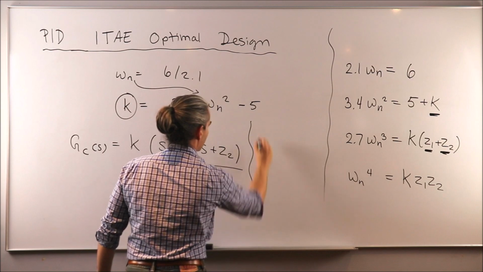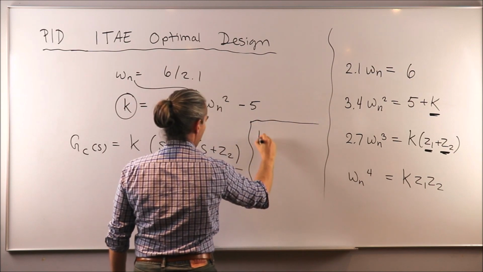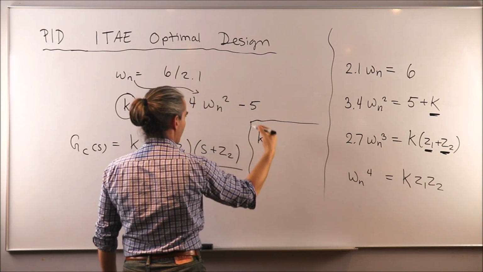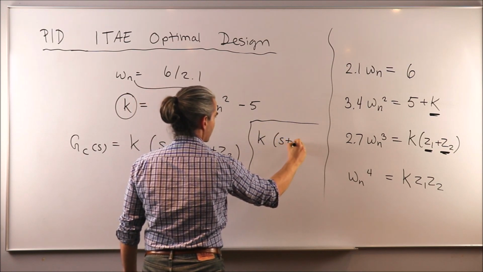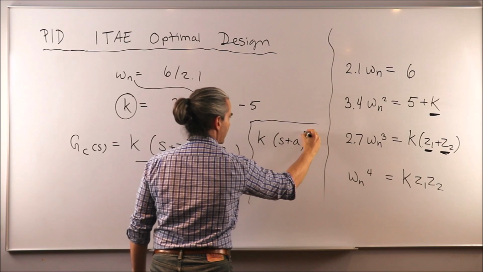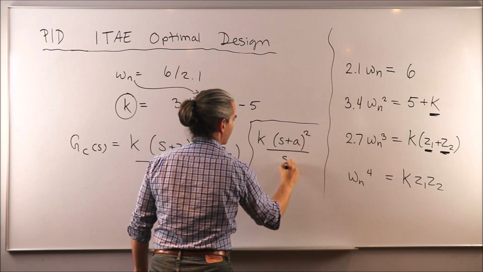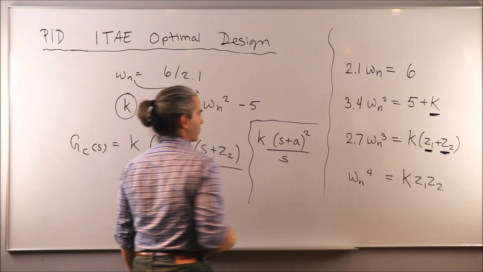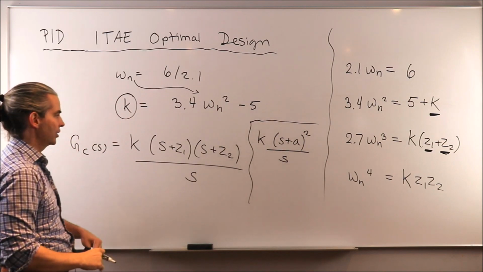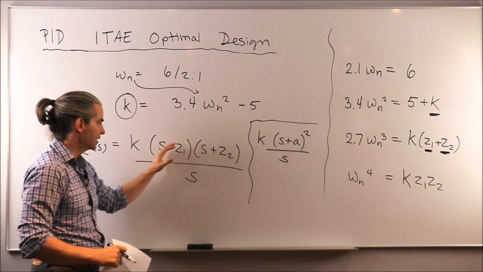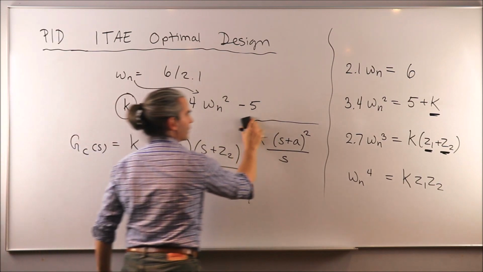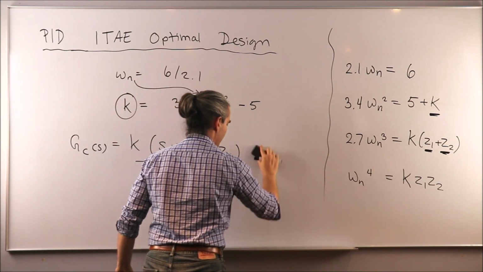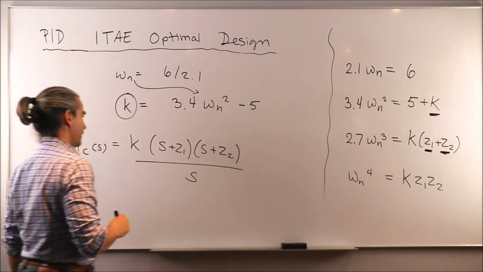If you remember, we had considered that both zeros were on top of each other, so all we had was s plus a, squared, over s, because both zeros were considered to be at the same location. Yet here we have two distinct zeros in the complex plane. Okay? It gives us more freedom in terms of design, essentially.